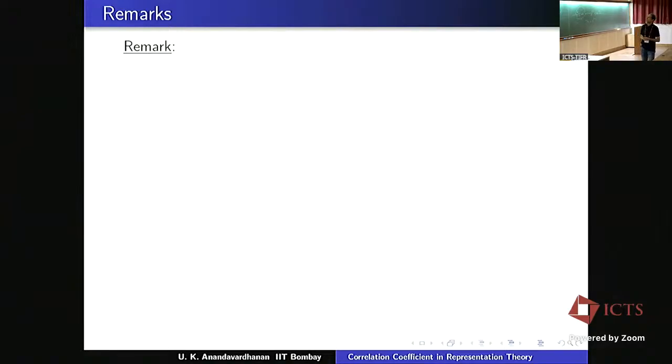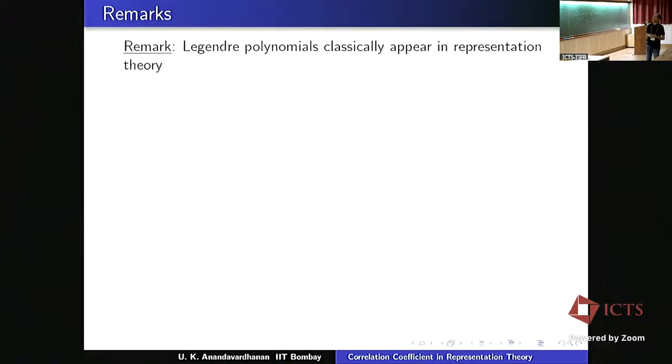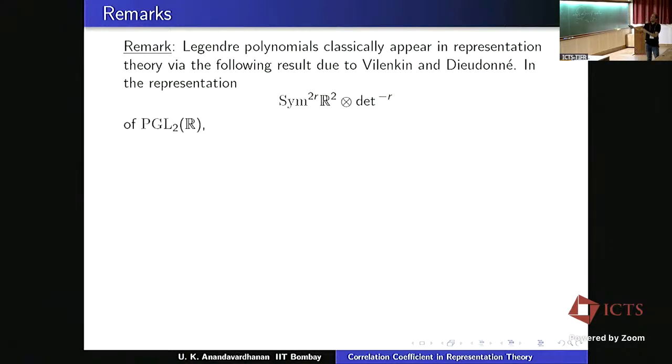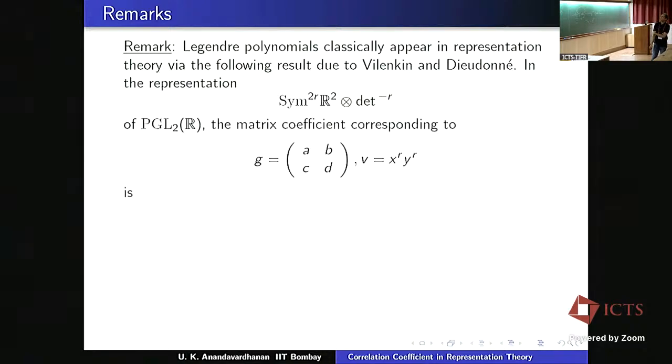So the usual way in which special functions appear in representation theory is, in the PGL2(R) case, Brilinsky refers to the book of Dieudonné, but apparently the result is due to Vilenkin, so Vilenkin and Dieudonné. I'm writing R instead of F_p. For the representation Sym^{2r} tensor det^{-r}, you look at the matrix coefficient, take any g and take v to be this.